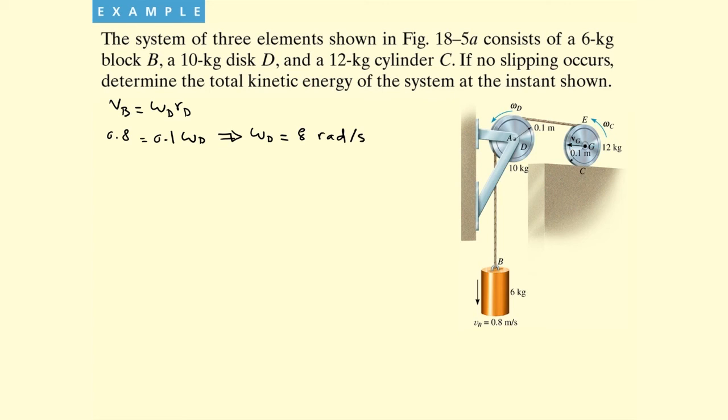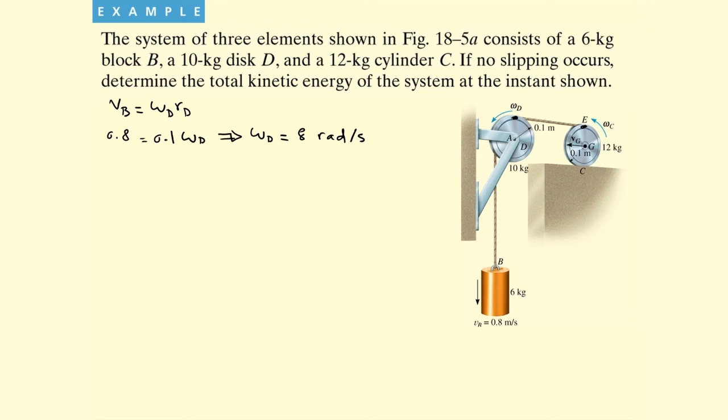Now I need to find the velocity Vg of cylinder C, and I need also to find the angular velocity for cylinder C, omega c. So to do this, first of all, I can say that the velocity of this point E should equal the velocity at this point. These two velocities are the same. So I can relate the velocity from the right hand side.